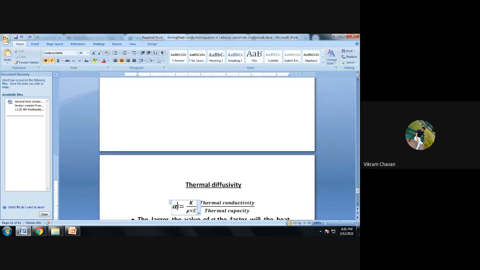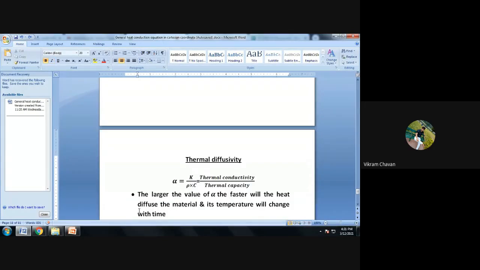And for low alpha, the hampering points are lesser thermal conductivity or higher thermal capacity. These points reduce the thermal diffusivity, so I think you will understand better now.